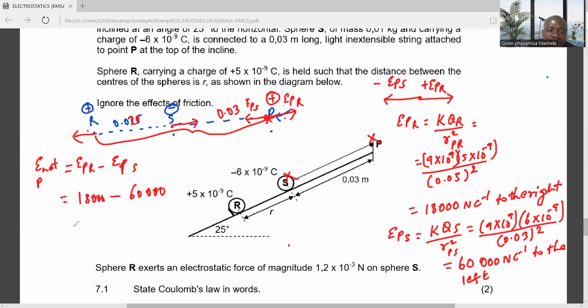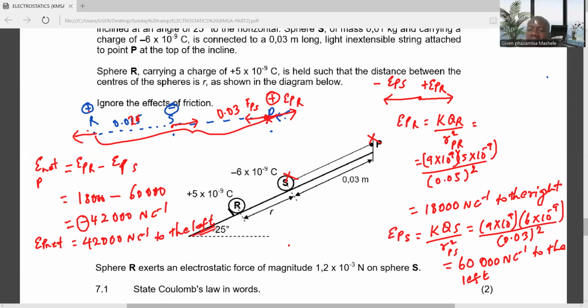So this will give us a negative value, minus 42,000 Newton per coulomb. The minus is for the direction. We have chosen left as negative, so the net electric field at P is 42,000 Newton per coulomb to the left.